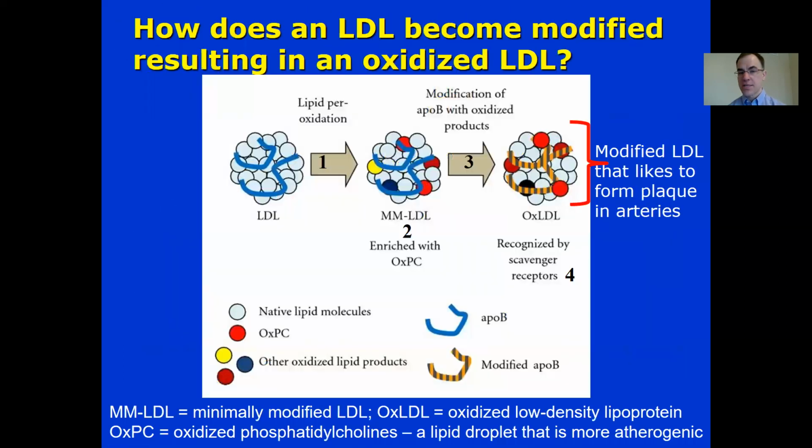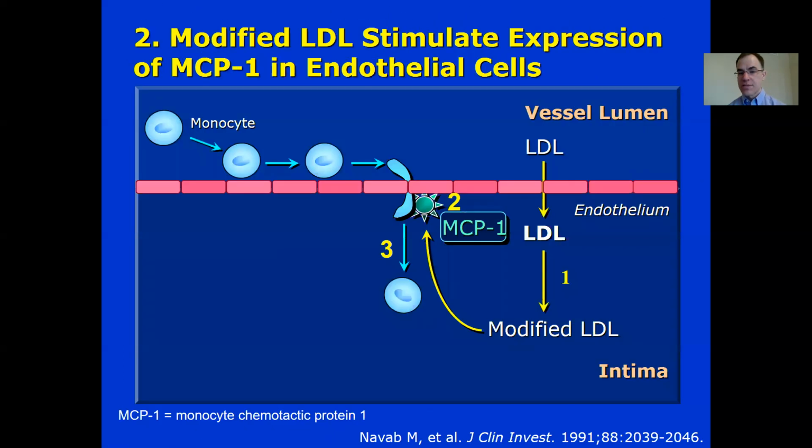So what ends up happening is that now we have the modified LDL. It's going to now cause that endothelial layer of the coronary artery intima to make MCP1. Again, the modified LDL doesn't become MCP1, but rather it communicates with the endothelial layer of the coronary artery to say, hey, go ahead and make MCP1.